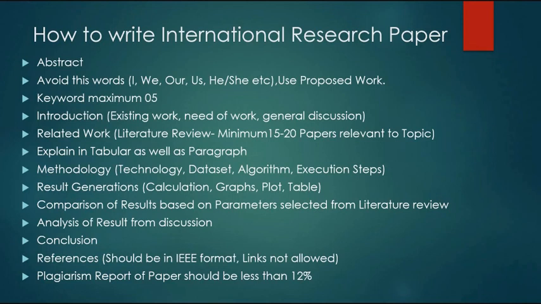But the standard expectation is below 12%, because in the literature review we take some content from existing papers, whatever papers we have referred to for our article. Some of it might be reference names, author names, methodology names, algorithm names, which might be flagged as plagiarism. Because of that, we keep it below 12%.